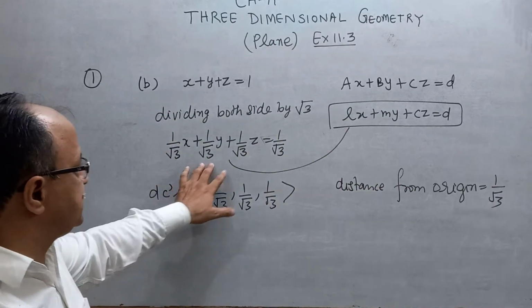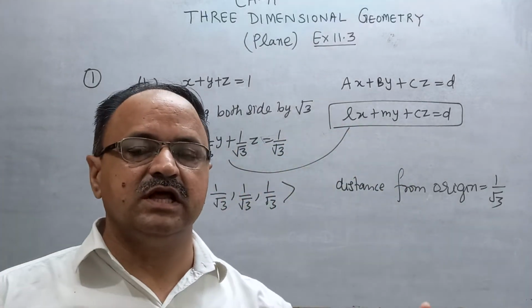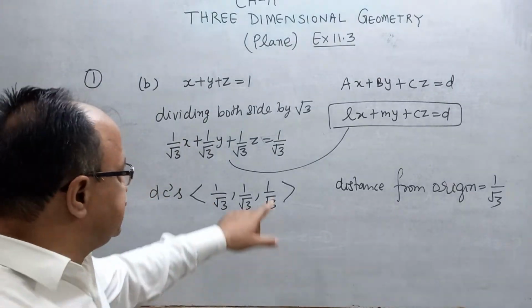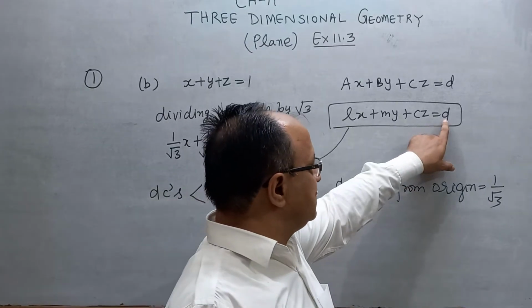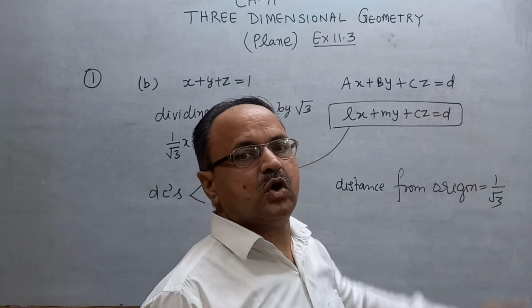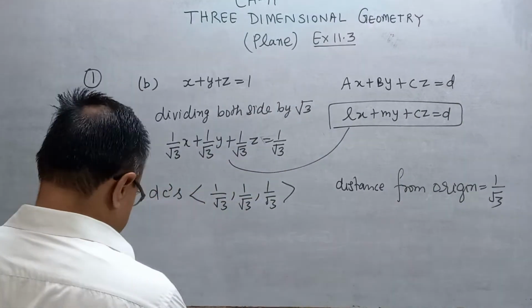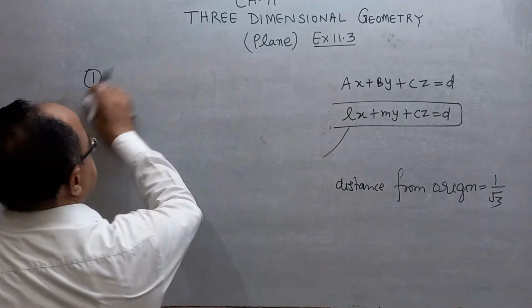Here in this formula, this is the distance from the origin, and in the earlier formula, this is not the distance from the origin. This is the first question of exercise 11.3.